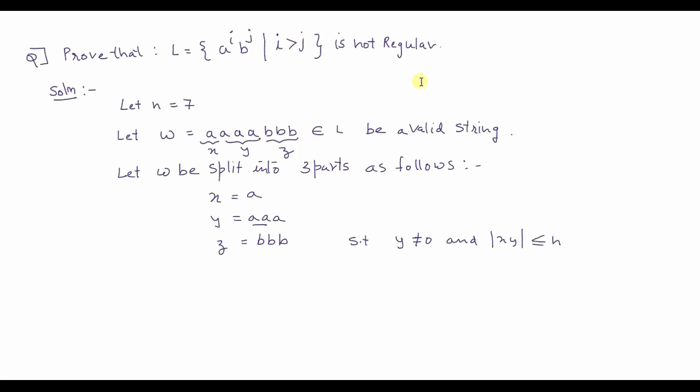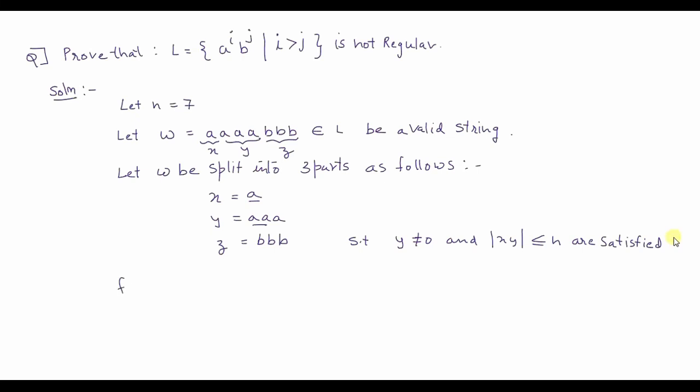What is the together length of xy in my case? x has only one element, y has 3 elements, so together the length of xy happens to be 4, and 4 is definitely less than 7, so it is satisfying. So these two conditions are satisfied.